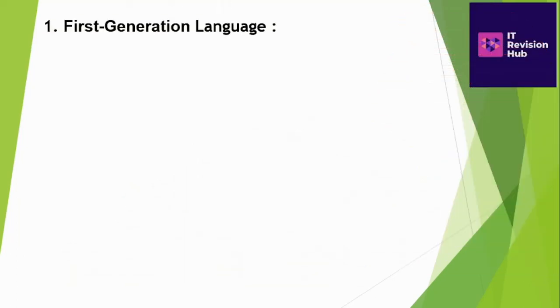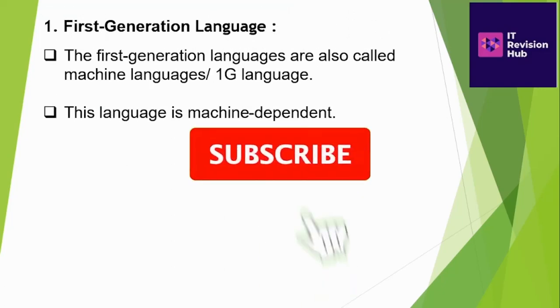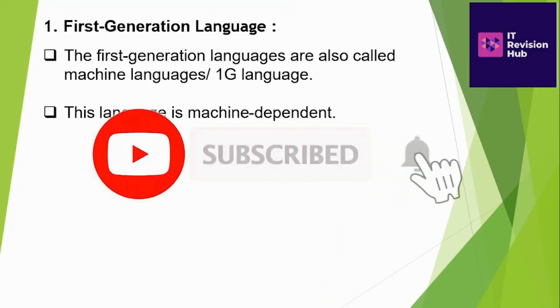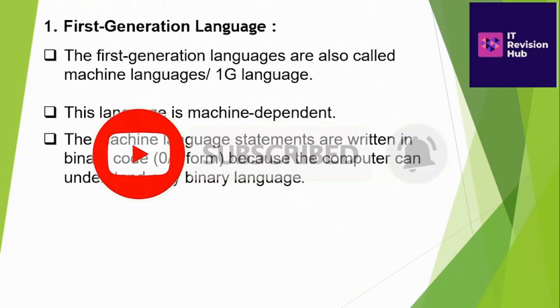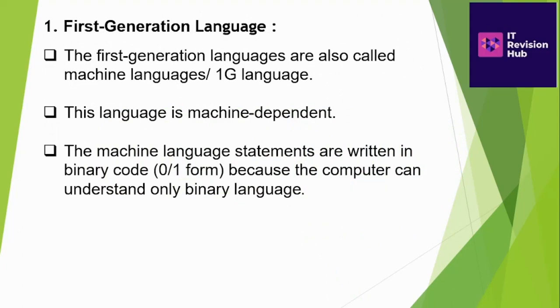Let's discuss first generation languages. The first generation languages are also called machine language. This language is machine dependent. The machine language statements are written in binary code, 0 and 1, because the computer can understand only binary languages.